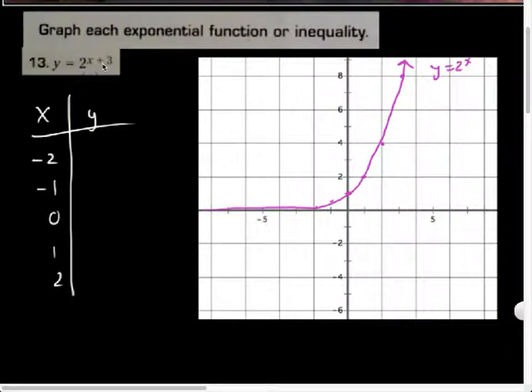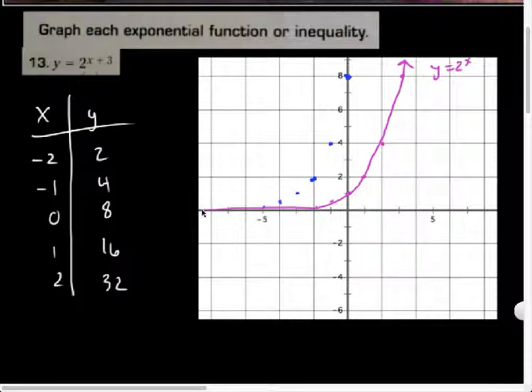So -2 plus 3 is 1, 2 to the first is 2, right? -1 plus 3 is 2, 2 squared is 4, and then 8, and then 16, and then 32. So if I graph this way, -2, 2, and -1, 4, and 0, 8, and it does exactly what I had predicted it would.